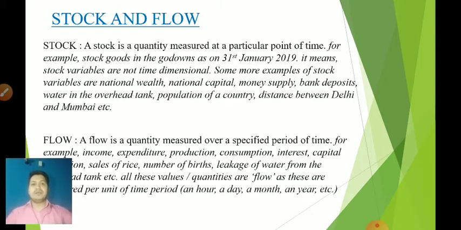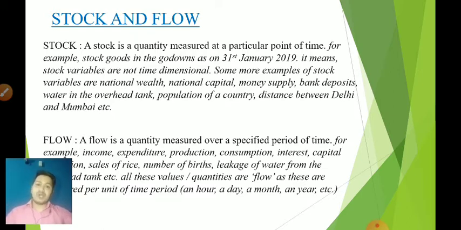For example, stock of goods in a godown as on 31st December 2019. As you can see, the time is given. This is a particular point of time, so you have to measure that particular stock in the godown on that date. Any concept which you measure at a particular point of time is simply known as the stock concept.